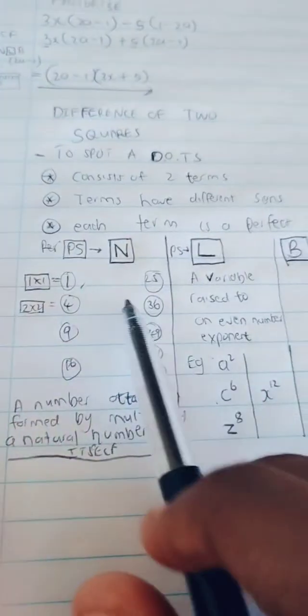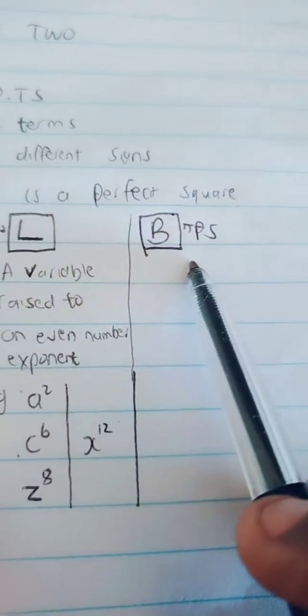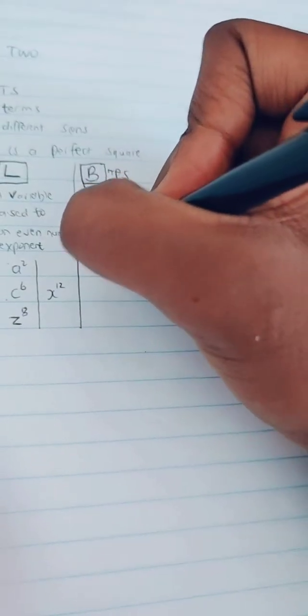Then let's look at the perfect square bracket, because you think that perfect squares are limited to numbers and letters. Well, I've got a surprise for you. A perfect square bracket is a bracket raised to an even number exponent.